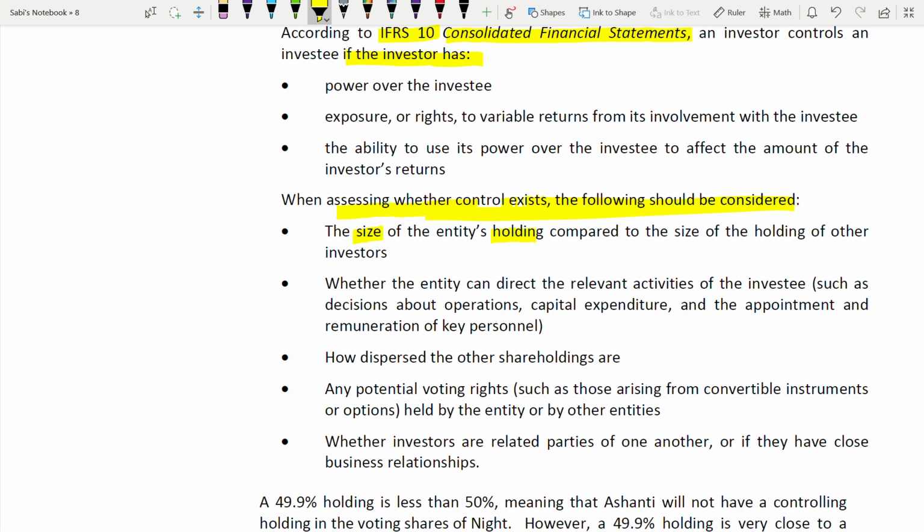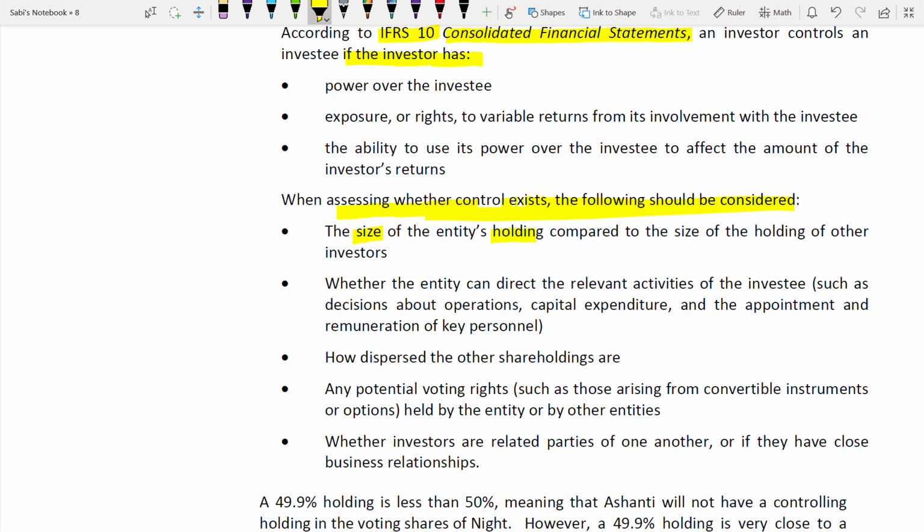Decisions about operations, capital expenditure, how much to invest, and also whether they have the power to appoint and decide the remuneration of key personnel, like the chief executive. If we have been given any information regarding this in the case study, you can use the second point also, otherwise no need.